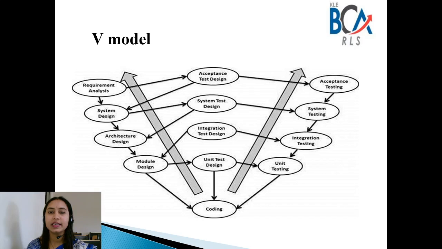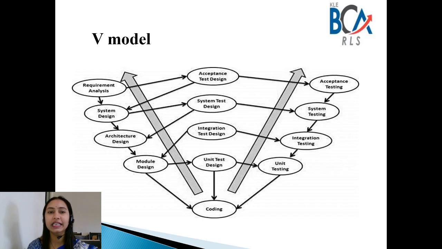So unit testing is the testing at the code level. You test the source code of every module, and it helps to eliminate the bugs at an earlier stage. When you do the unit testing, you find some errors, right? So you try to eliminate the bugs in this module itself, or in this phase itself.